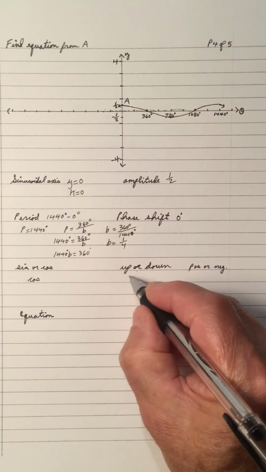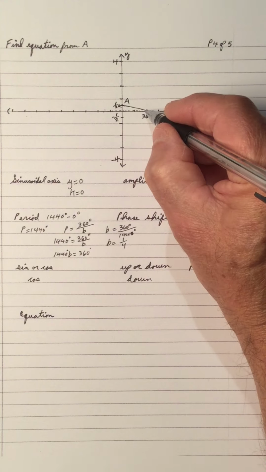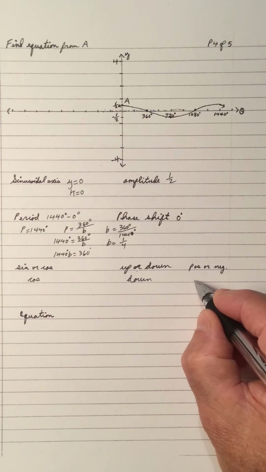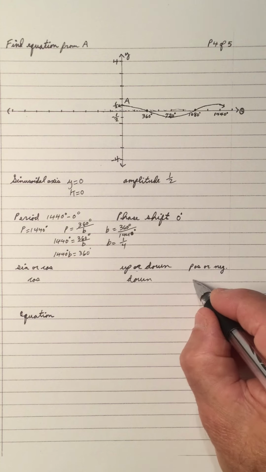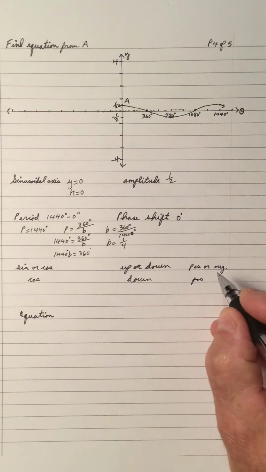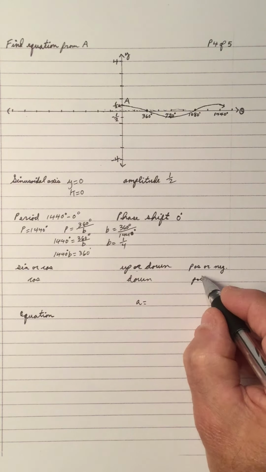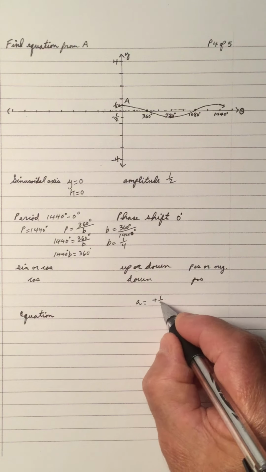Cos going down, it's going down when you go to the right. And cos going down is positive. Sine going up is positive. Cos is opposite. Going down is positive. So the equation, the amplitude is going down, so it's positive. So it's a positive 1/2.